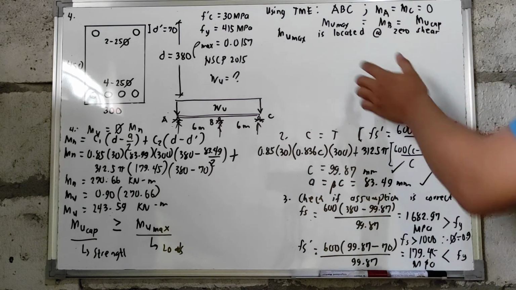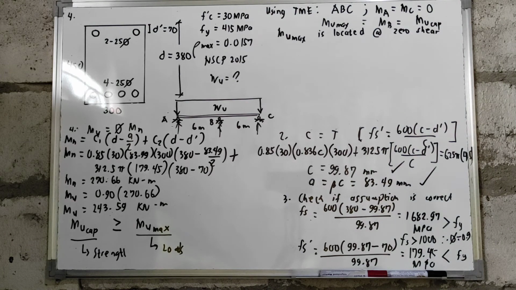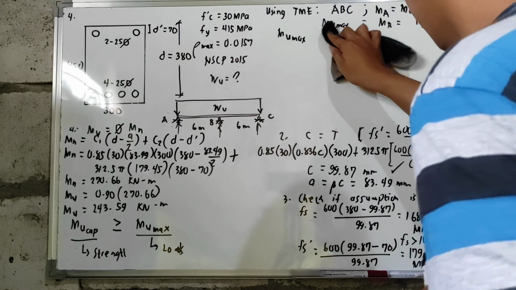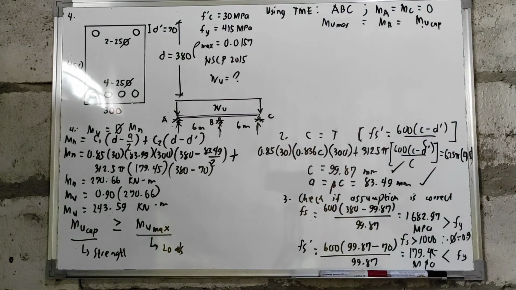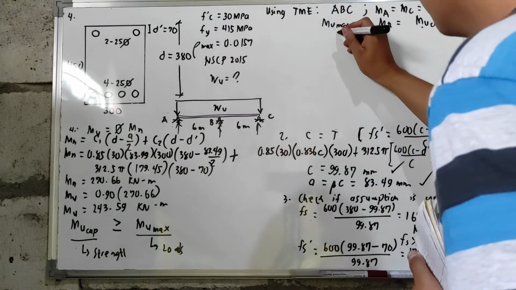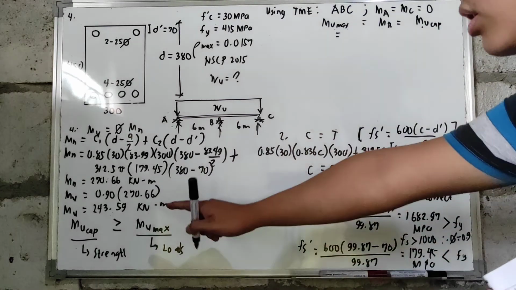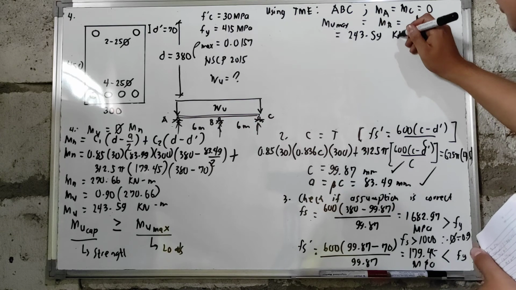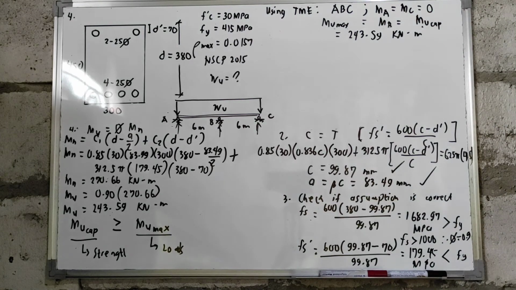So, with that, we can now say na meron na tayong value ng MB natin. So sir, ano ngayon yung value ng MB natin? So this will now equal to yung nakuha natin na 243.59 kilonewton meter.